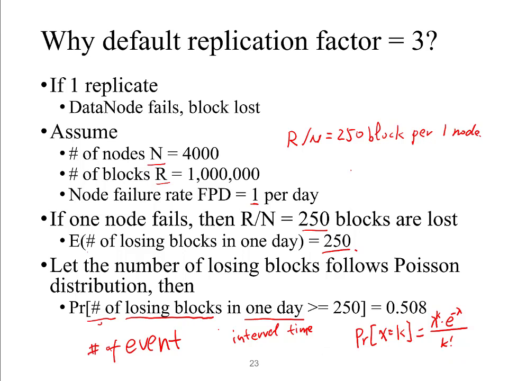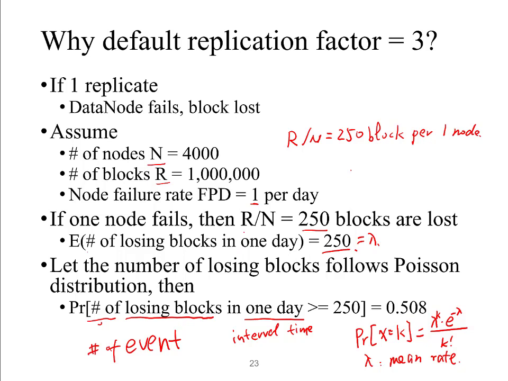So k is the number of events, and lambda here is the mean rate. For example, in our case, the mean rate lambda is 250. So this is the expectation of the number of losing blocks in one day.